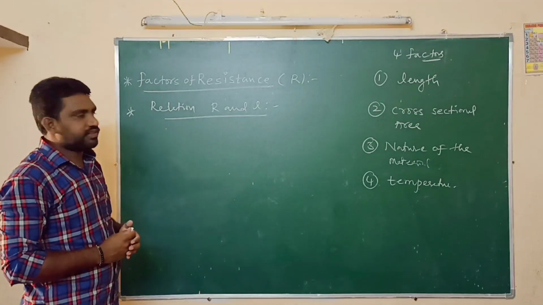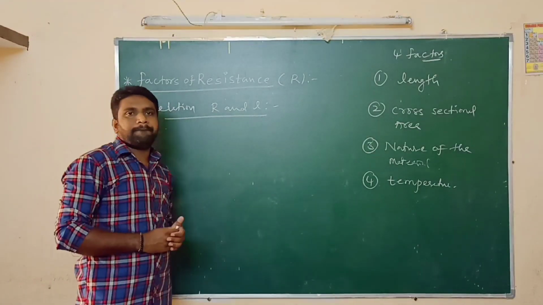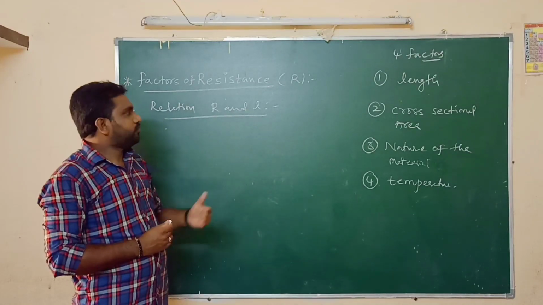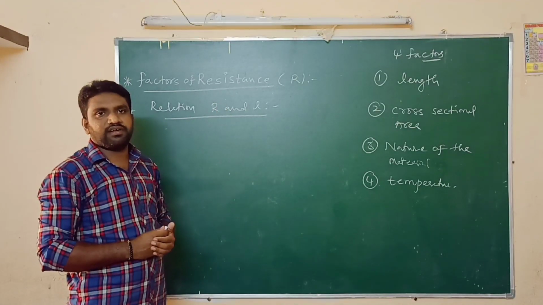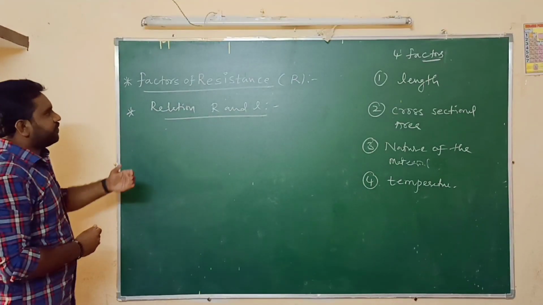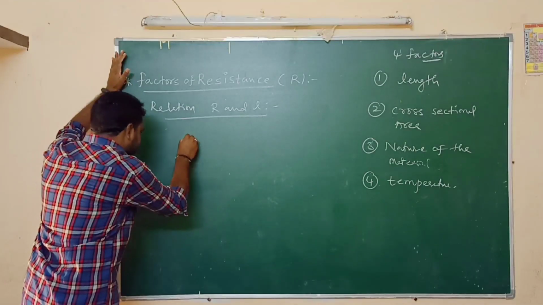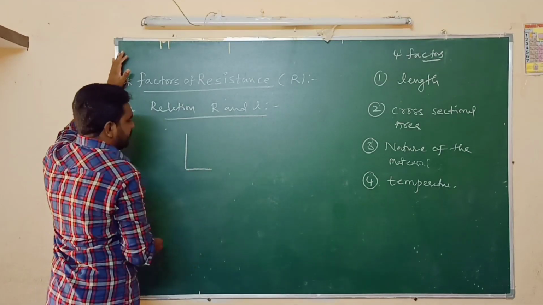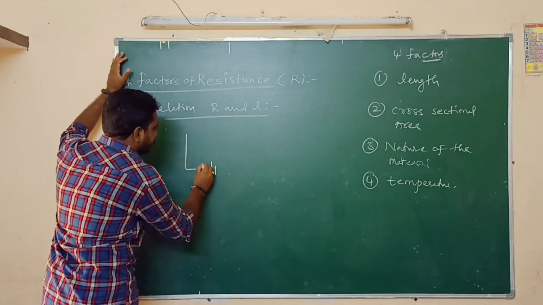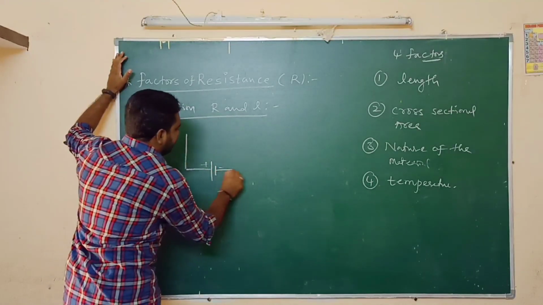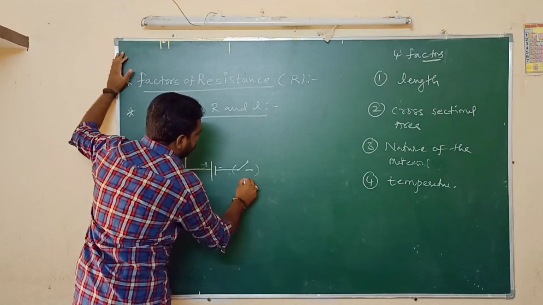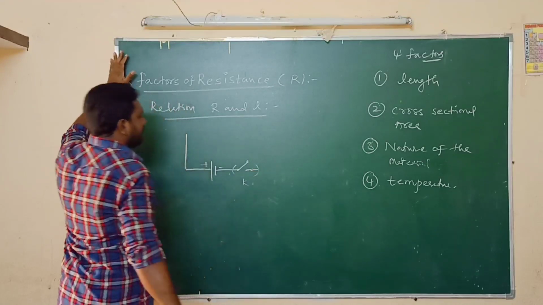We also require one cell, connecting wires, one switch and one ammeter. We have to arrange all these materials as shown in the circuit diagram. First I am going to construct the circuit diagram. This circuit consists of one cell and a switch or key.